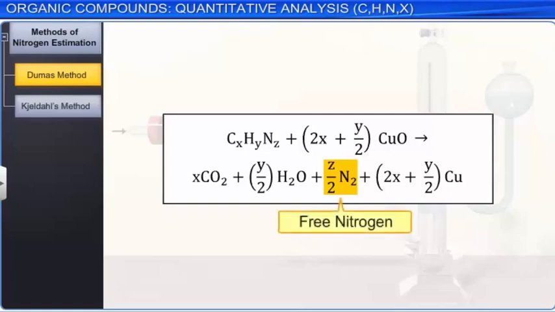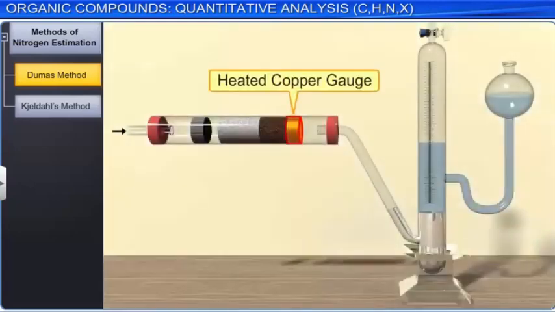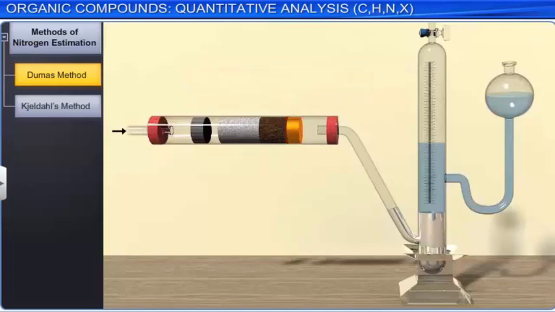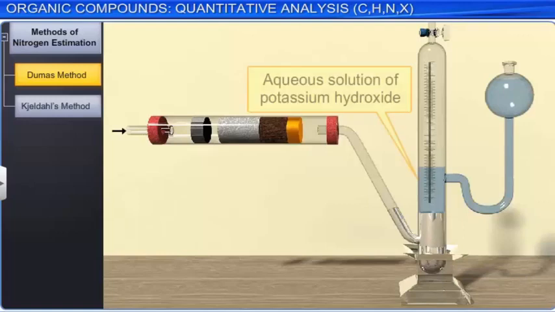A part of the nitrogen may get oxidized into oxides of nitrogen. When passed over a heated copper gauze, these oxides of nitrogen are reduced into free nitrogen again. The mixture produced, which contains carbon dioxide, water, and nitrogen, is collected over an aqueous solution of potassium hydroxide.